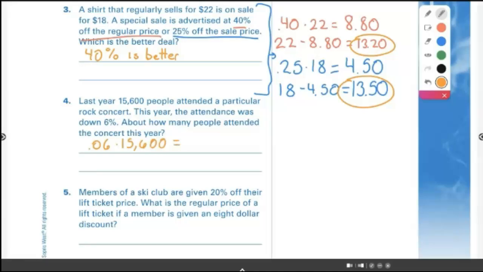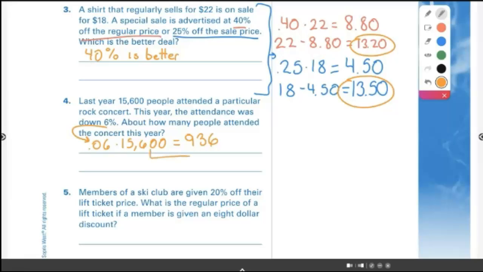Multiply first. 0.06, because that's my decimal of the percent. 0.06 times 15,600. 936. 936 fewer people attended, but how many total people attended?